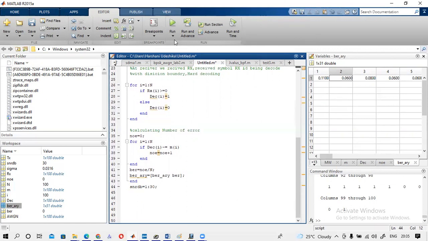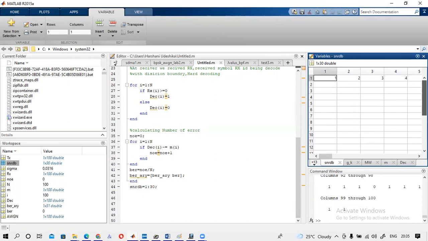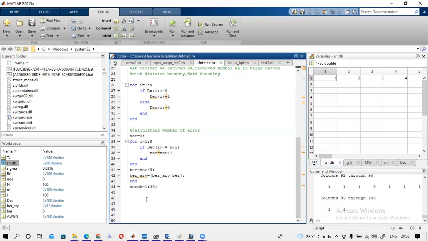If I run this, here you have the BER value, the bit error rate value, and here you have the SNR value. This will be your SNRdB value. It should be from 0, 0 to 30.